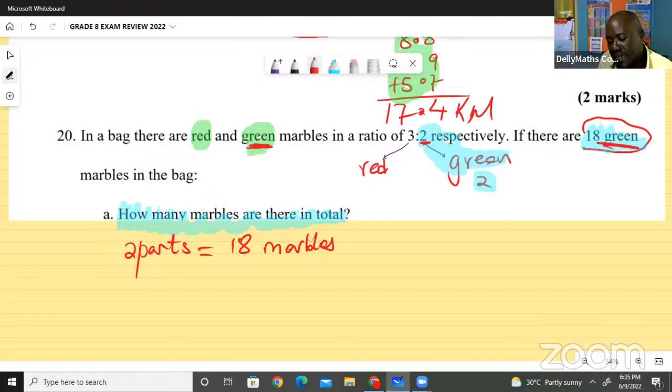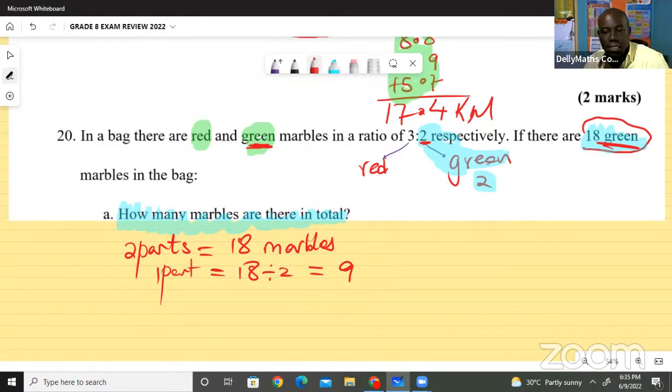So you can link it and say, oh, 2 parts equal 18. That means 1 part is equal to 18 divided by 2. 1 part is 9 marbles, and that is why 2 parts will give you 18 marbles.